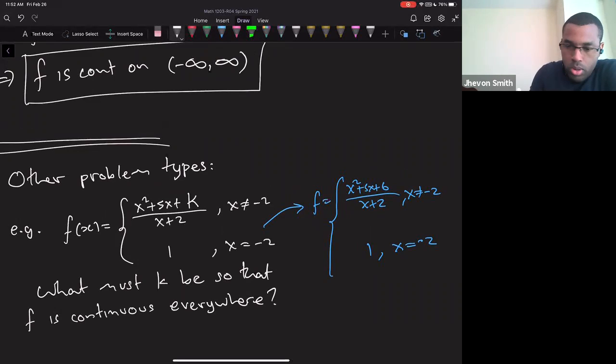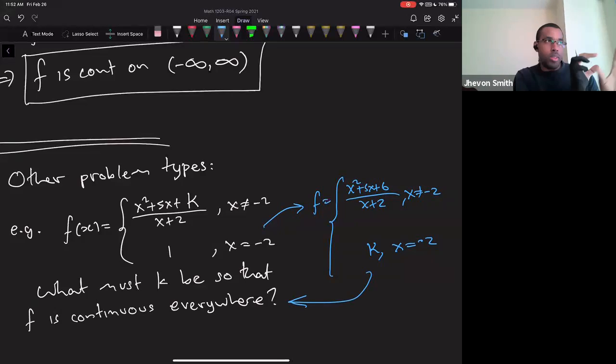Right? Or I could put the k down here. I could put k here and ask the same question. Right? So I can actually make parts of the problem disappear, and then I ask you to figure out what that would have to be to get certain things to work out. So that could be a problem type that you'll see.